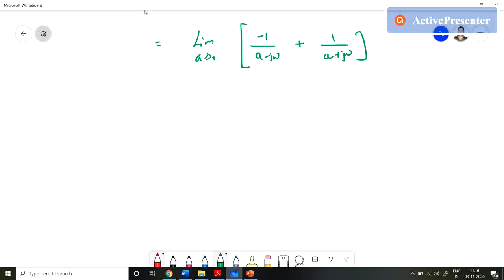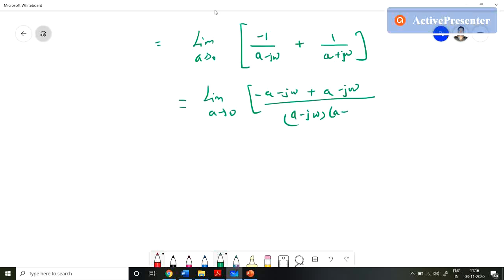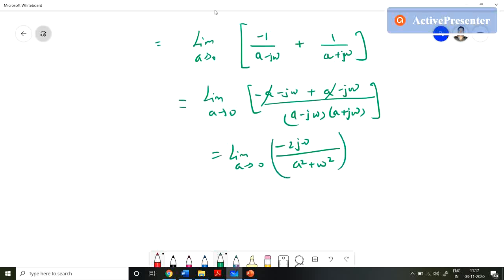This is the solution we get after solving the integral. Now if we solve this, we get minus a minus j omega plus a minus j omega, divided by a minus j omega times a plus j omega. This will cancel out, so it becomes minus 2j omega divided by a squared plus omega squared.